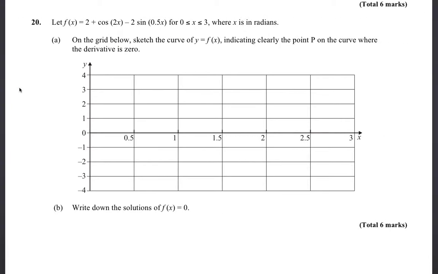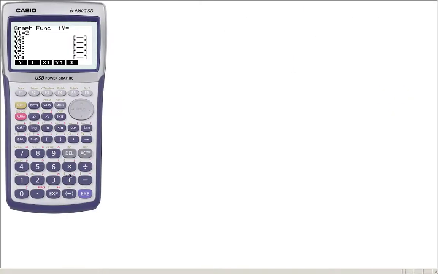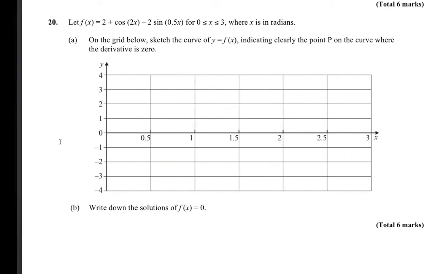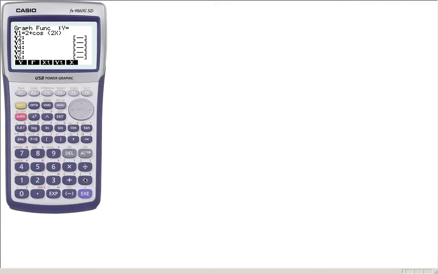So the function is 2 plus cos of 2x, close the bracket, minus 2 sine 0.5x, close the bracket.